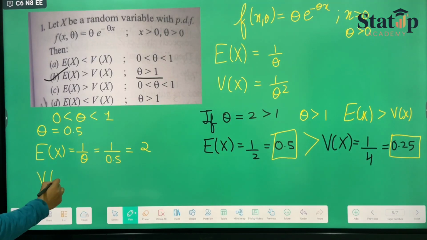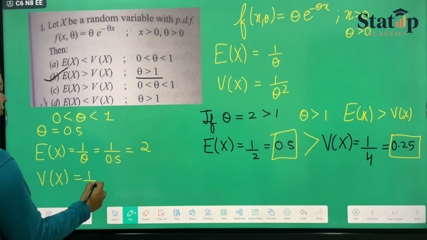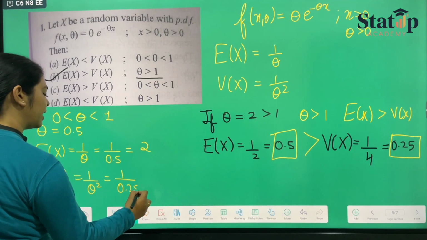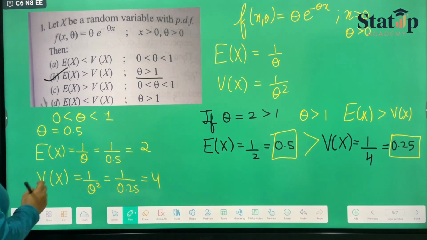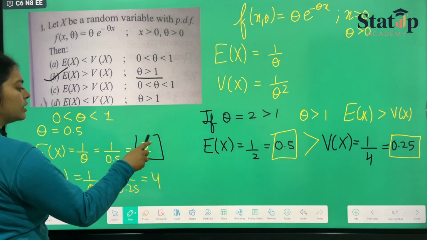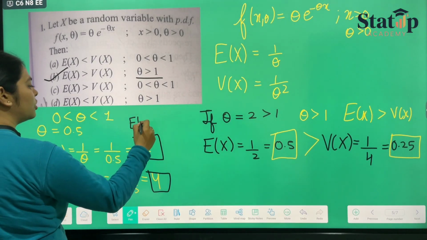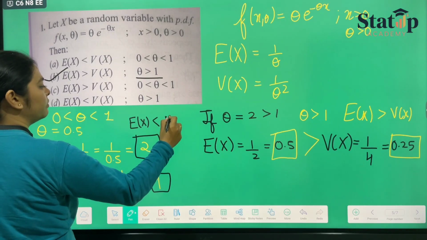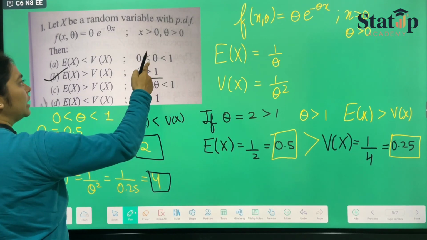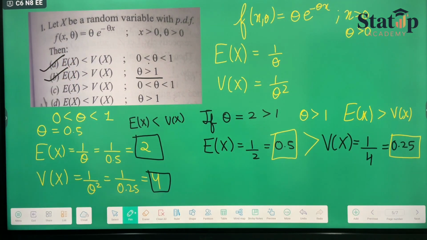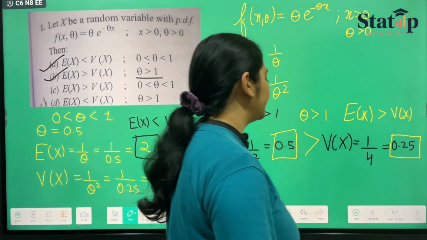Variance is 1 upon theta square, which is 1 upon 0.25, which gives us 4. Here we can clearly see that 2 is less than 4, which means expectation of x is less than variance of x. So for theta between 0 and 1, expectation of x is less than variance of x. So both statements A and B are correct in this question.